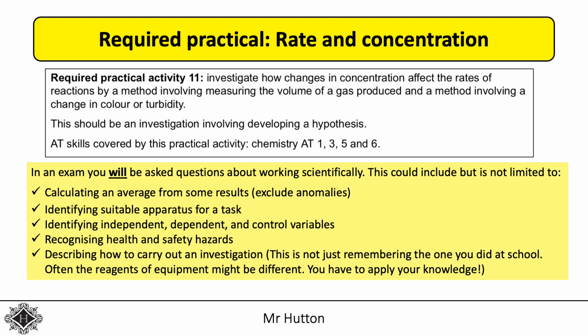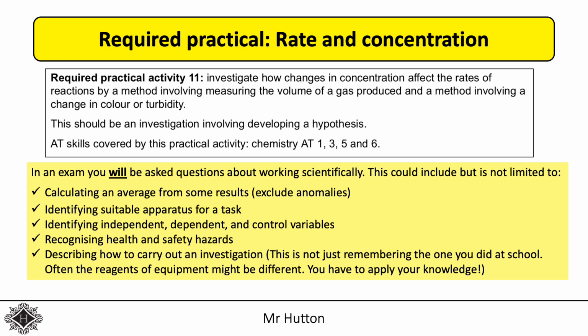Identifying independent, dependent, and control variables. So remember, the independent variable is the one that you change. So in this example, you would be changing the concentration. The dependent variable is what you measure. So again, for this one, the dependent variable will either be the time taken for the cross to disappear, or it could be the time taken for a certain volume of gas to be produced.